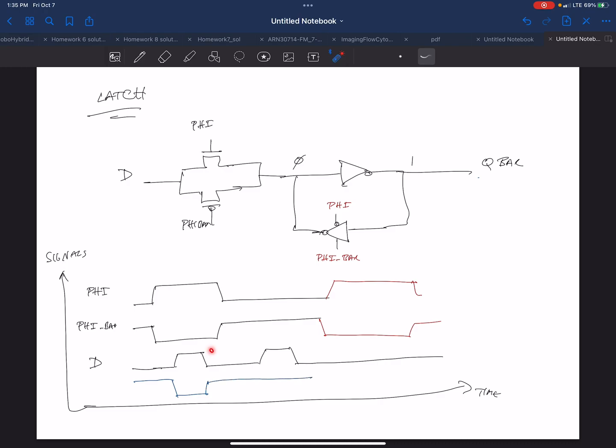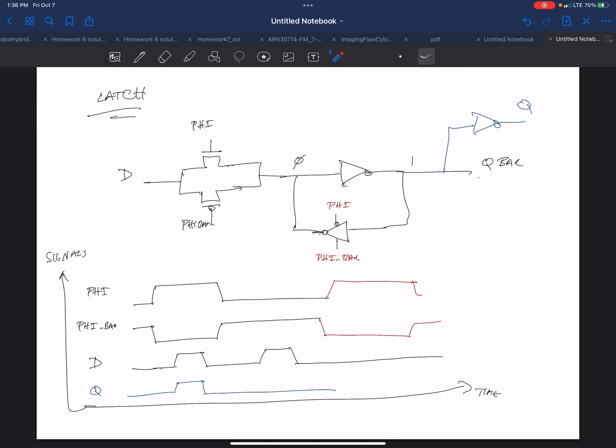So in the case when the phi is high, whatever happens in the D input shows up at the output. It's inverted, but you guys get the idea. It's easy to put an inverter here and get the Q. So if I just put an inverter here, I'll get Q. So let me do that so it's a little less confusing. So basically that guy will end up there.